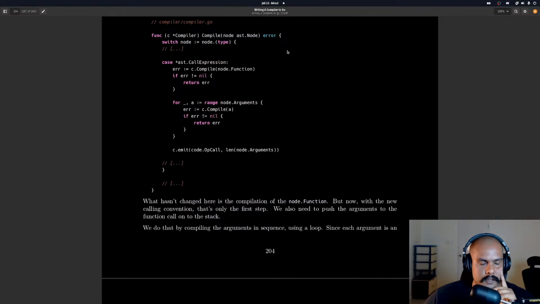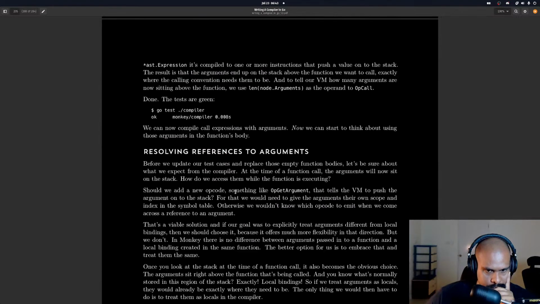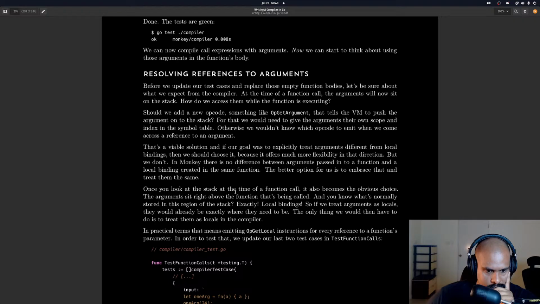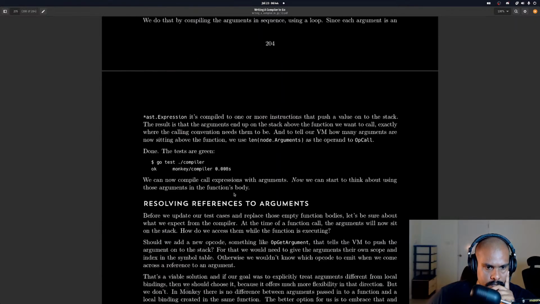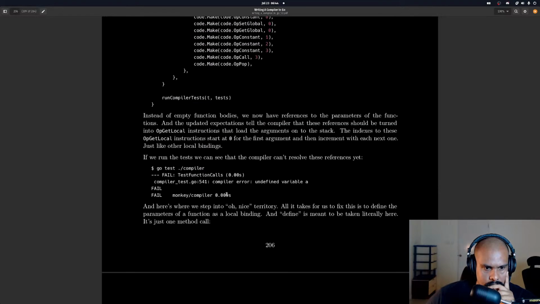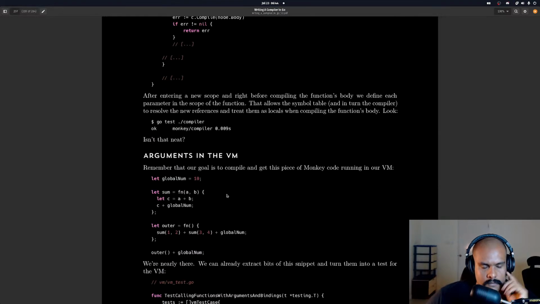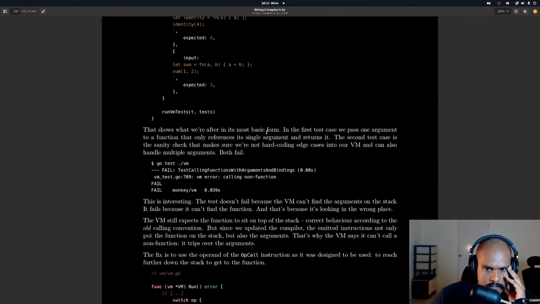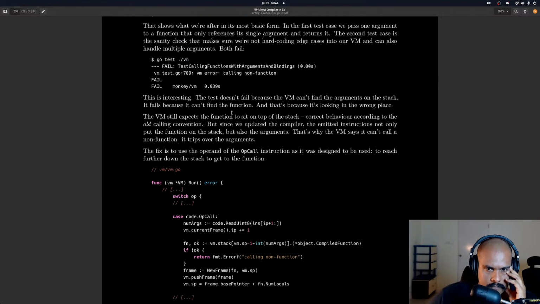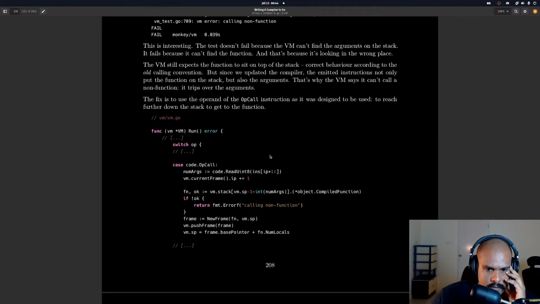Oh, okay, I didn't see that. And this, arguments in the VM. Yep. Can't find the function. That's sorted now.